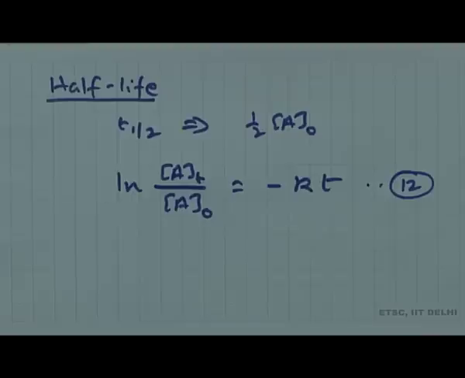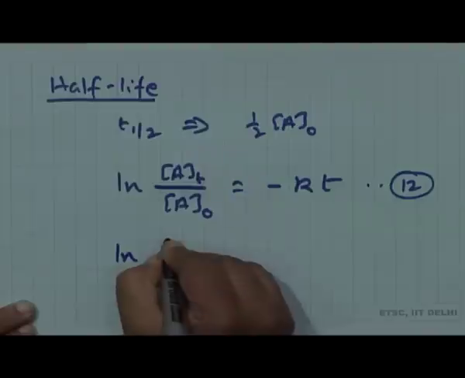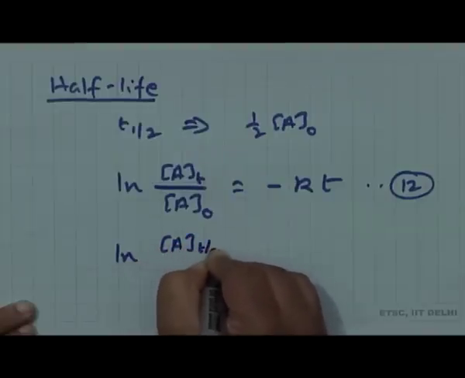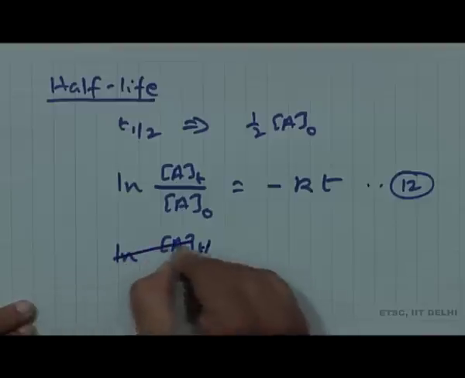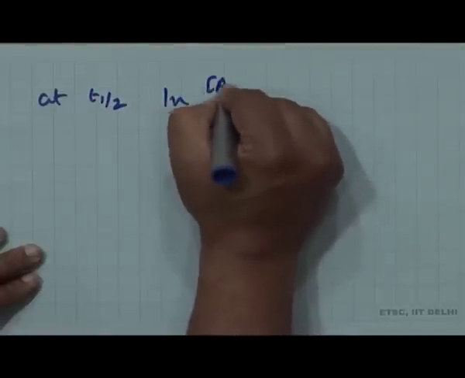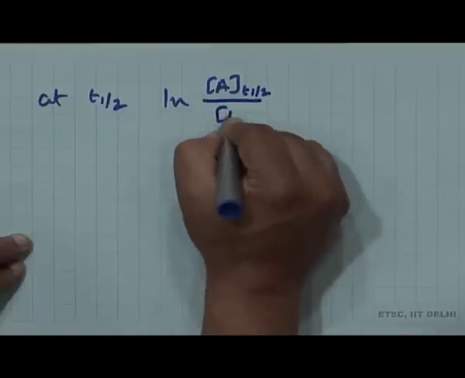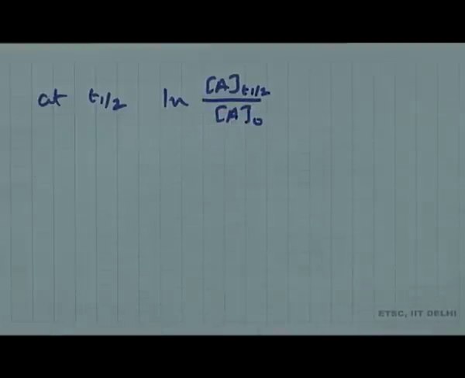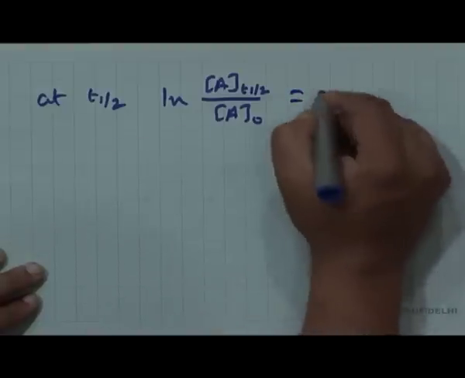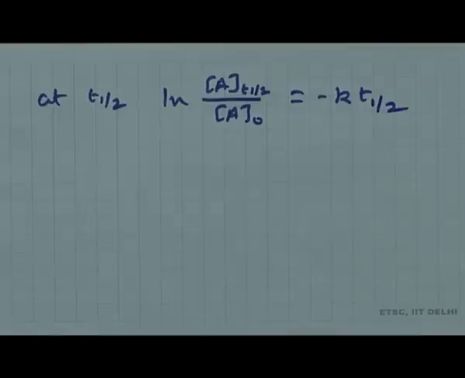Now, when I am saying T half, remember I am considering half life, so at time t equal to T half, natural log of the concentration of A at T half over A naught is equal to minus k t, where t is T half, right.